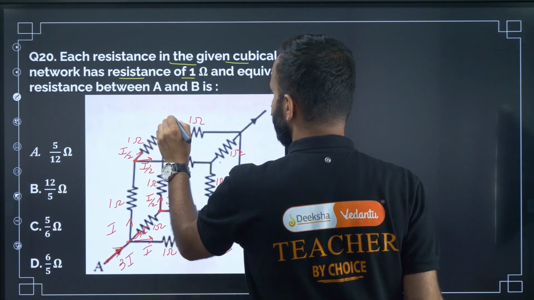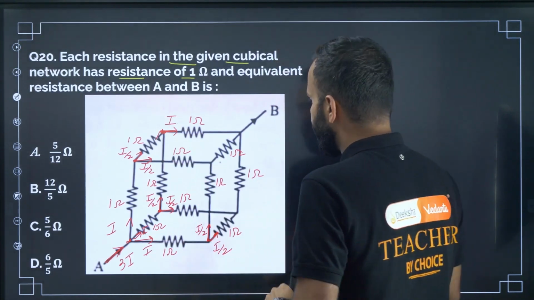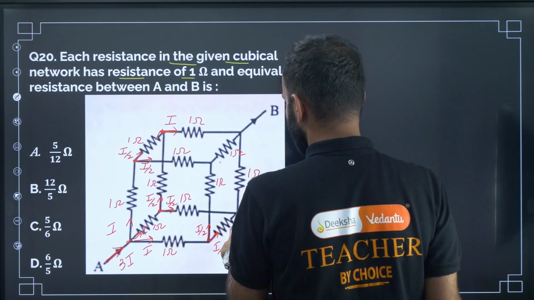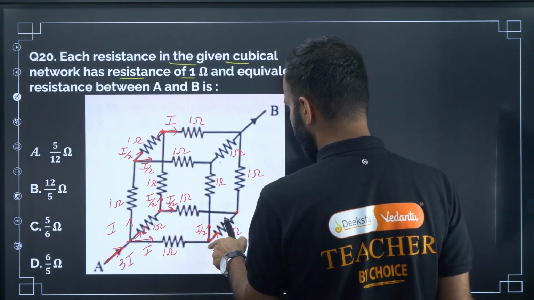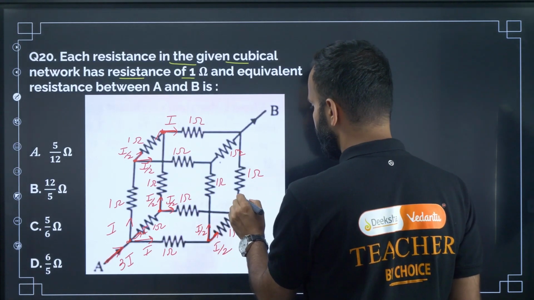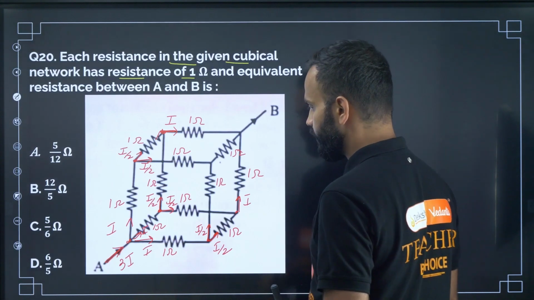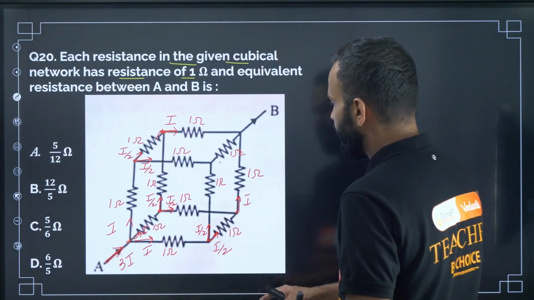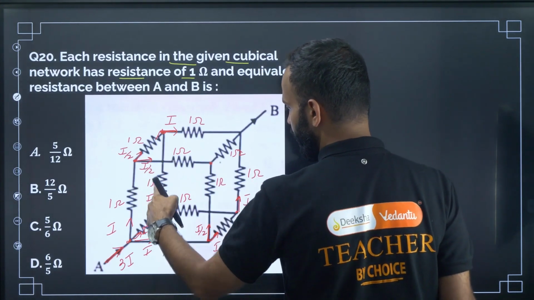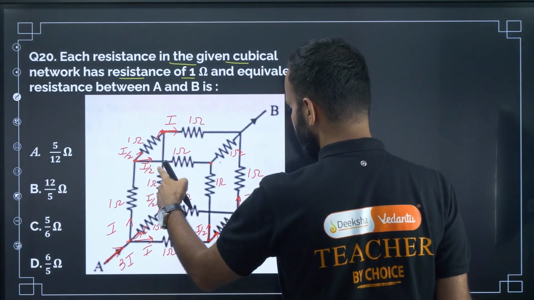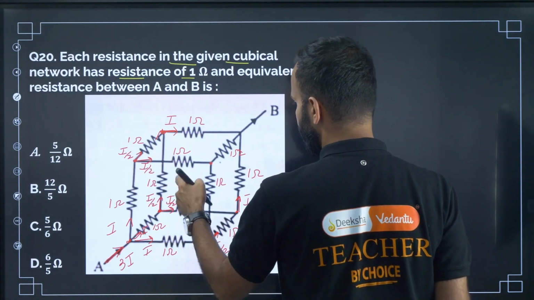Now current flowing through this resistor is I, right? And then here at this point I by 2 and I by 2 will add, so current flowing through this resistor is I. And at this point these two I by 2 will add.